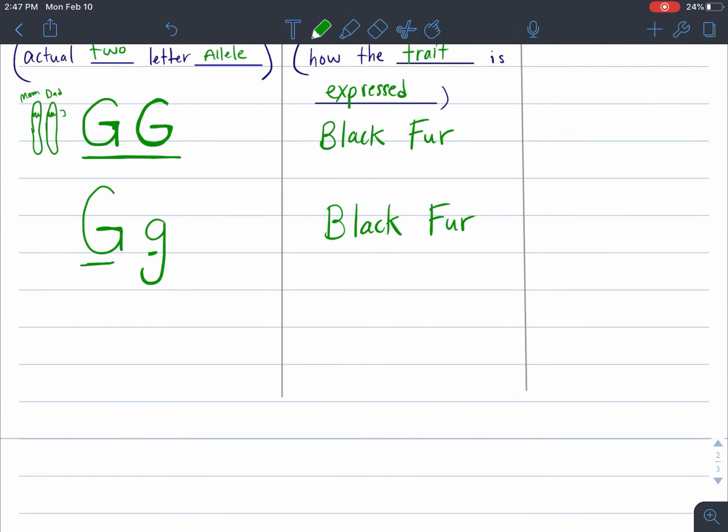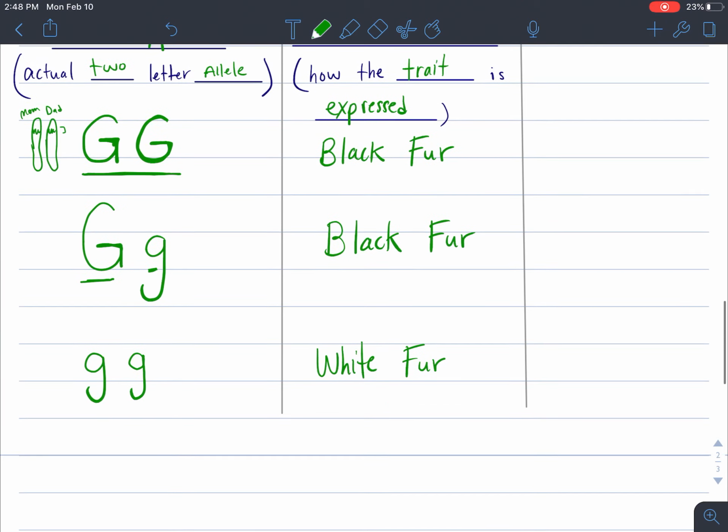The only other combination that could happen is that mom could have a recessive allele, and dad could have a recessive allele. That's also possible here. And in this case, since there's no dominant allele present, the only fur would be white fur, because both recessive alleles are present here.